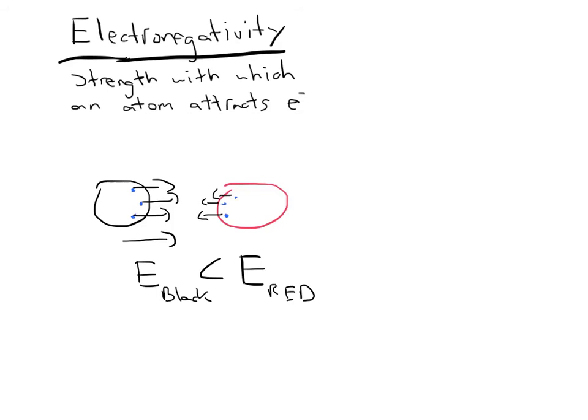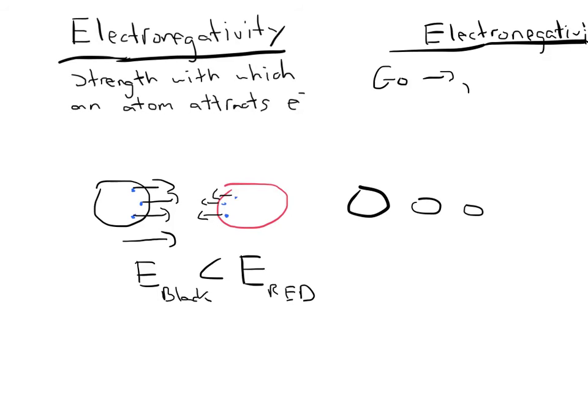So in the periodic table, the trend for electronegativity, so we'll do electronegativity. Go left to right. As you go left to right, the atoms get progressively smaller, which means the nucleus of the atom is closer to the outside.